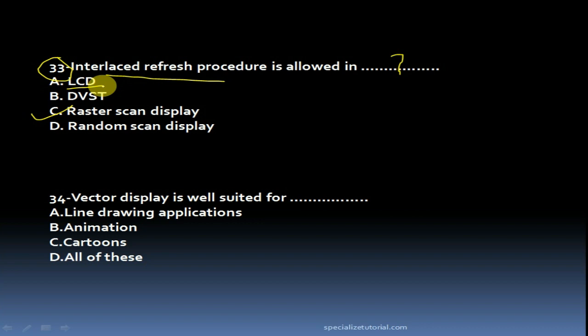Now defining something. LCD, a liquid crystal display, is a technology used for display in notebooks and other similar computers, like light emitting diode. It's used in the LED and gas plasma technology. Okay, LCDs allow displays to be much thinner than cathode ray tube technology. Okay, clear? Now take the next question.